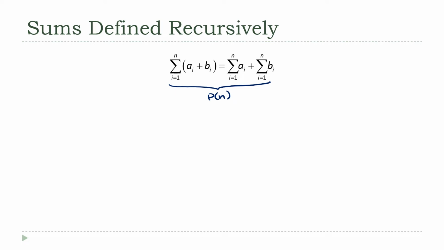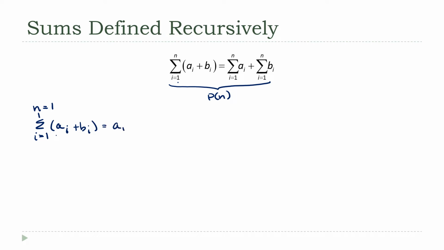And when n is 0, this is the sum i equals 1. Our sequence starts from 1 here, doesn't it? So I should make this 1. Then our sum is the sum from i equals 1 to 1 of a sub i plus b sub i.